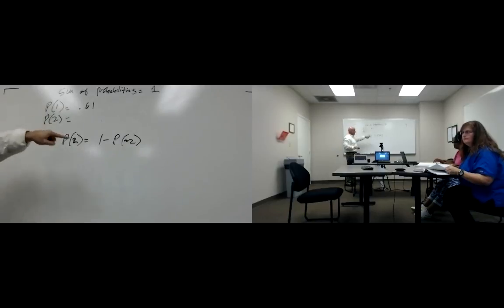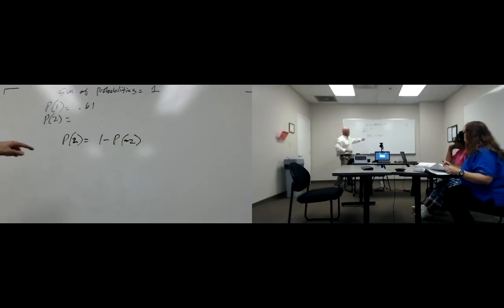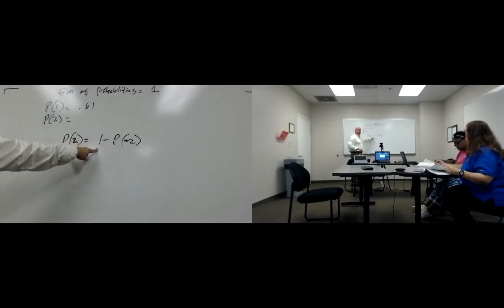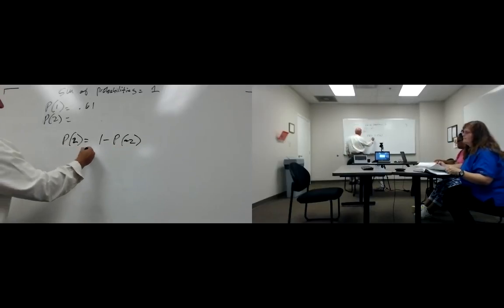I'm using this little squiggly sign to indicate it's not going to happen. So under this complement rule, the probability of outcome 2 occurring is equal to 1 minus the probability of outcome 2 not occurring. Let's solve for this.